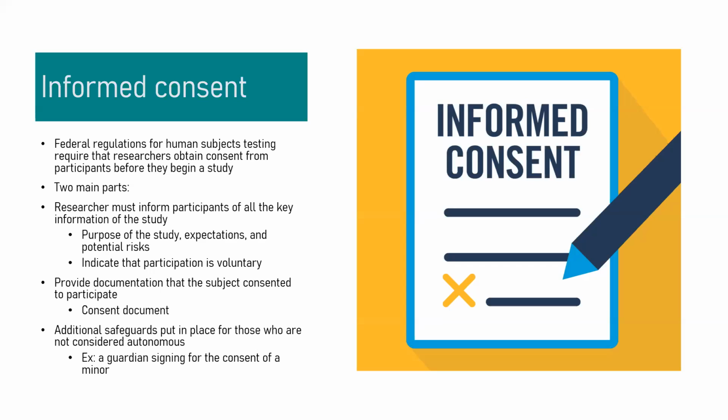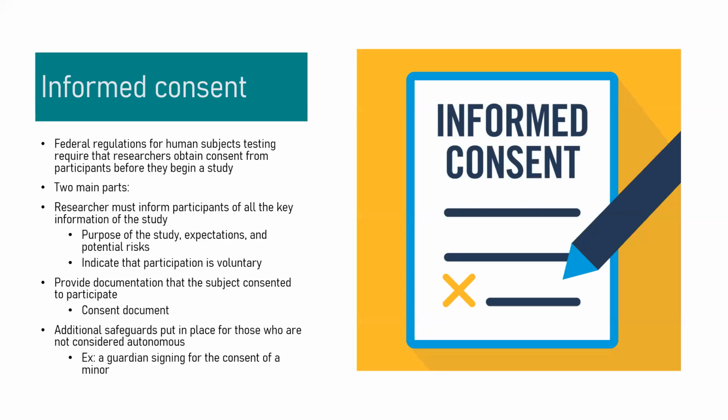So this means that participants should be reasonably informed on the study's purpose and procedures. They should also be informed on any potential harm and expected benefits, how privacy and confidentiality will be maintained, and any incentives that they will receive for taking part in the research.